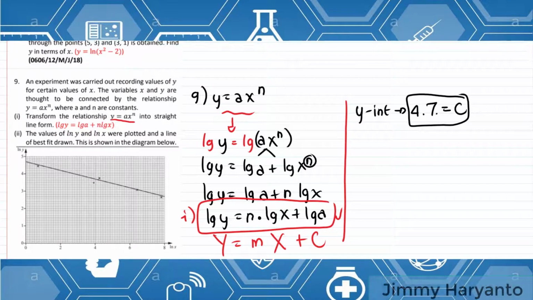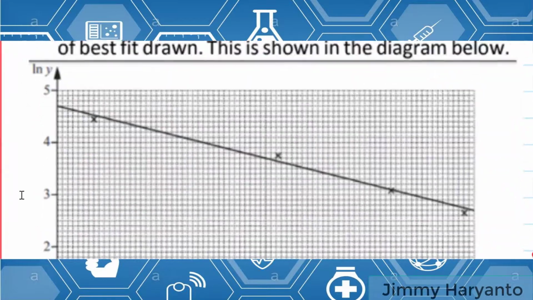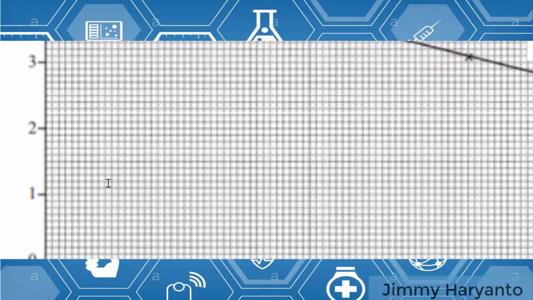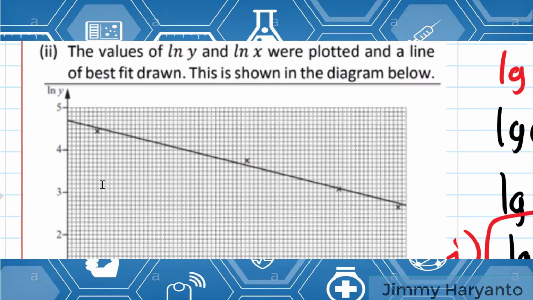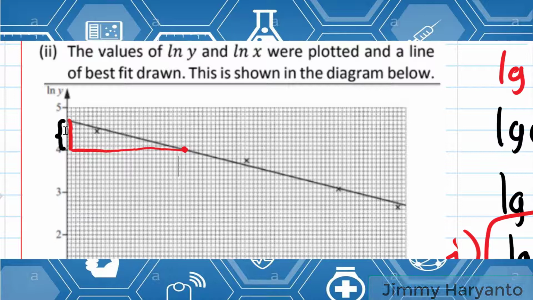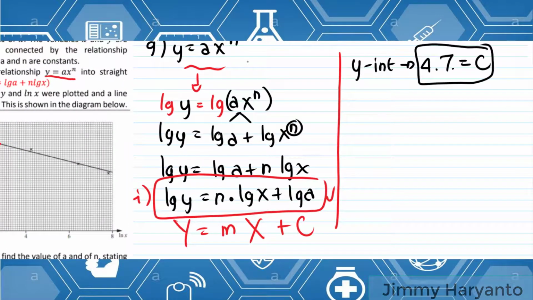And then the gradient. The gradient is rise over run. Let's find the rise. Maybe I can take from here to here, so the right triangle will be like this. The rise is from 4 to 4.7, so the rise is 0.7.